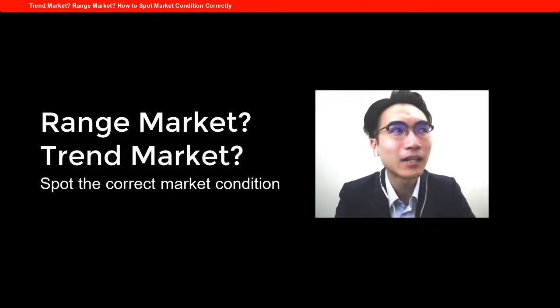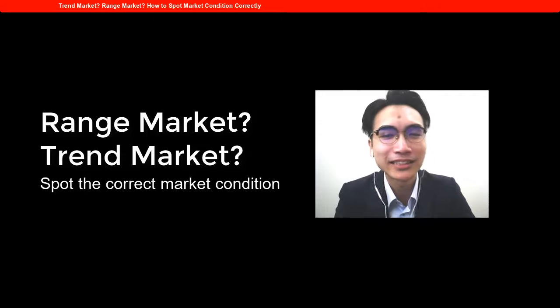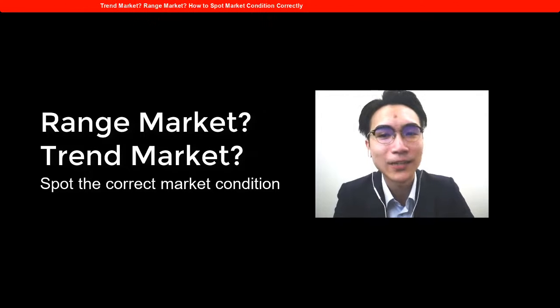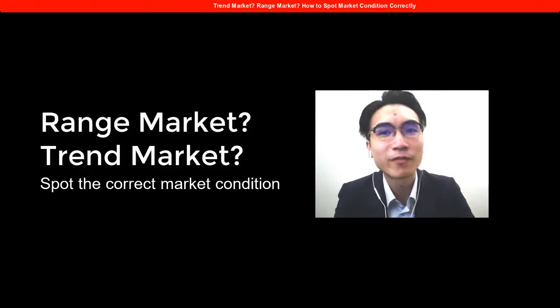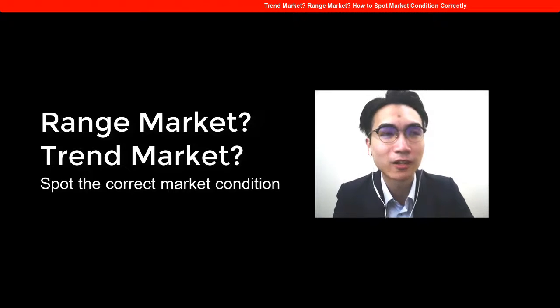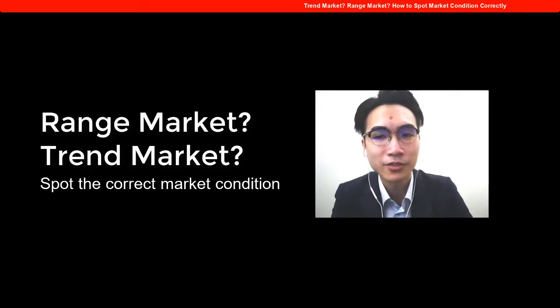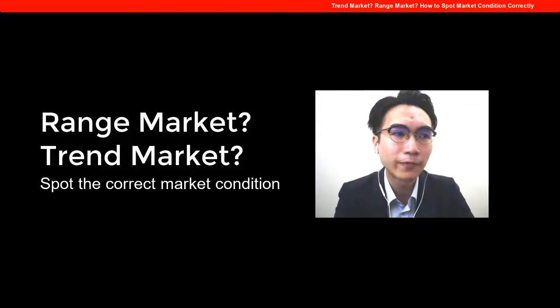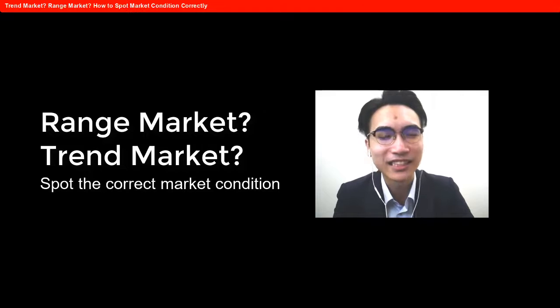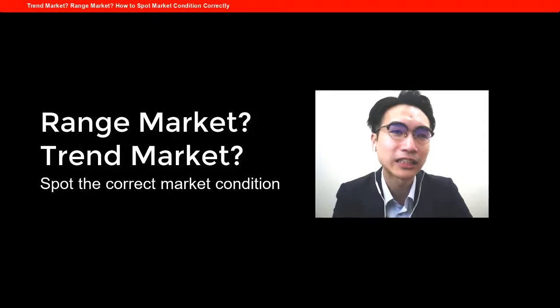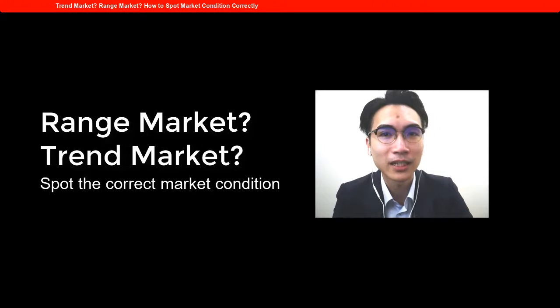How are you today? Recently I just noticed that a lot of you are still confused about the definition of trend market and range market, and some of you are struggling to spot the right market condition to trade with. So today I decided to give a more detailed explanation on how you can spot the right market to trade with.